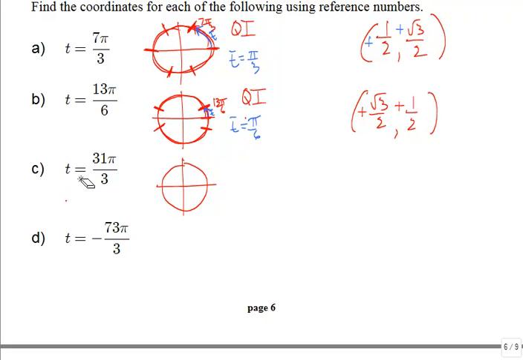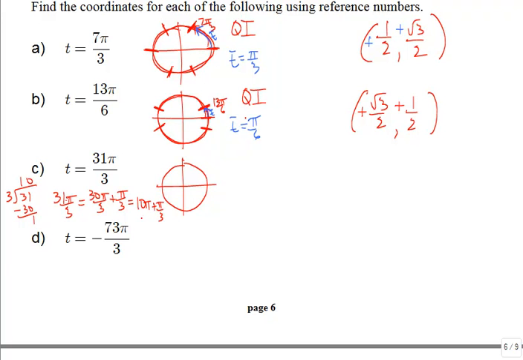For example, 3 goes into 31 10 times, and it would leave you with a remainder of 1. So 31 pi over 3 is equivalent to 30 pi over 3 plus that additional pi over 3. And 30 pi over 3 is just 10 pi.